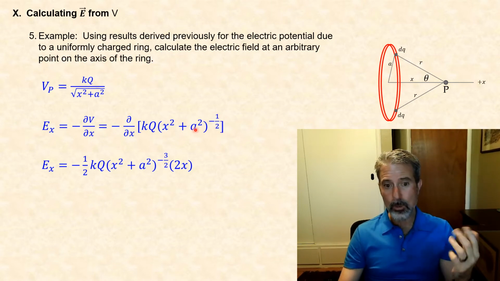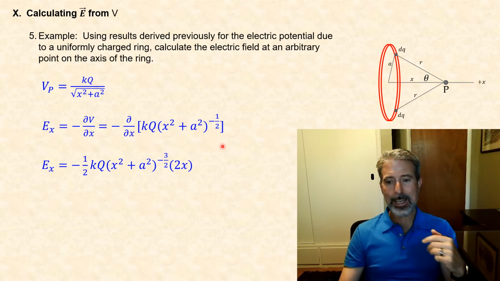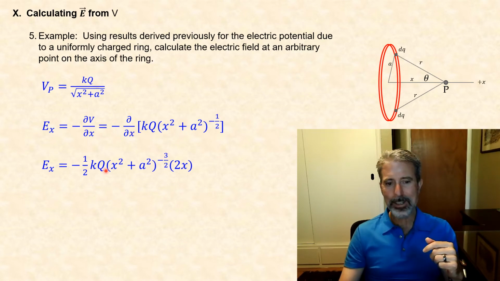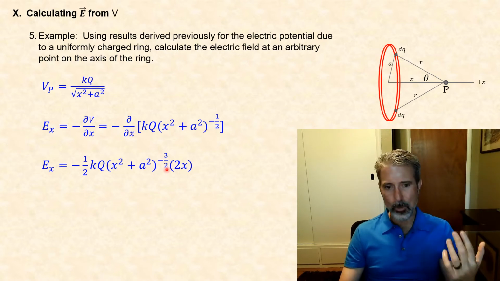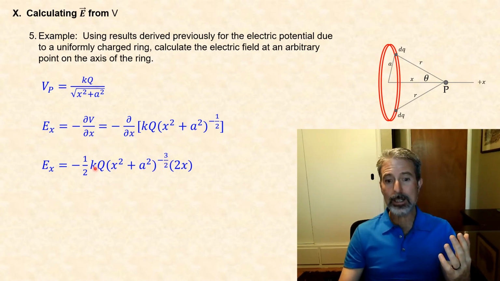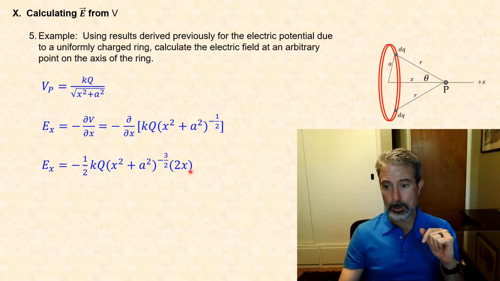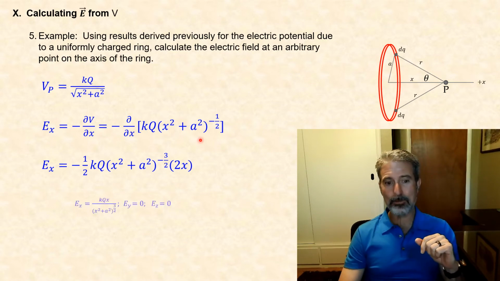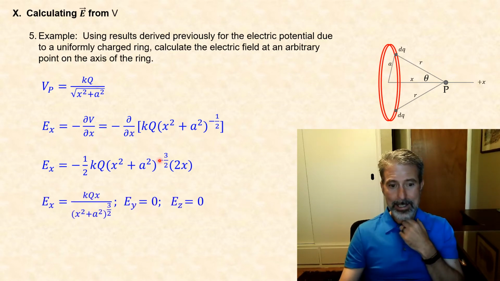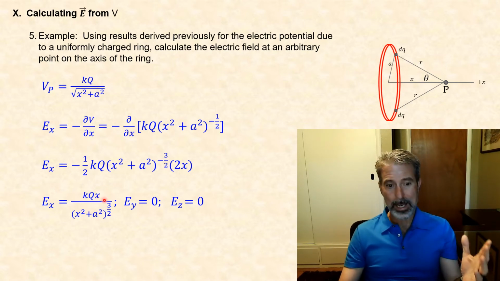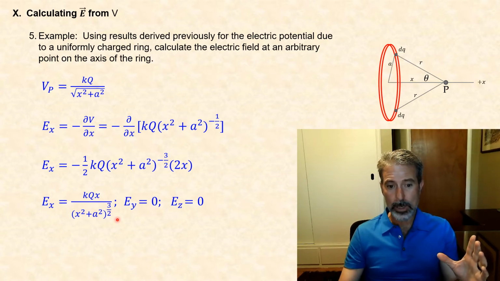When you find the derivative for a polynomial function, we take our exponent, negative 1/2, multiply through by the argument, then subtract 1 from the exponent, that gets us to negative 3/2, and then of course we have to take the derivative of the argument, which is 2x. Once we simplify this, we find that this looks exactly like the expression we derived way back in week 2.